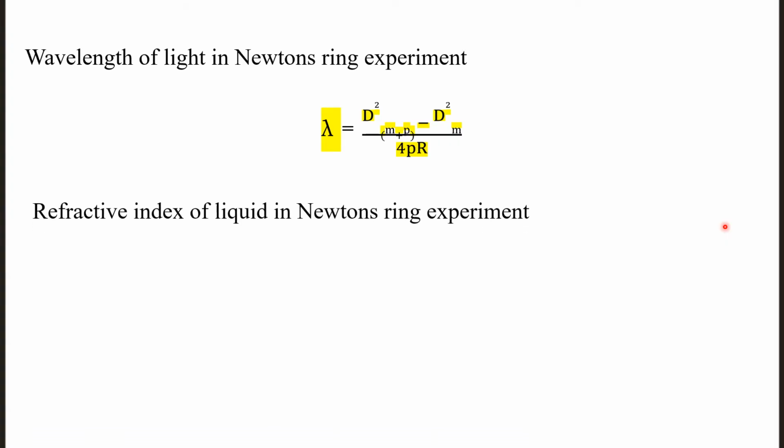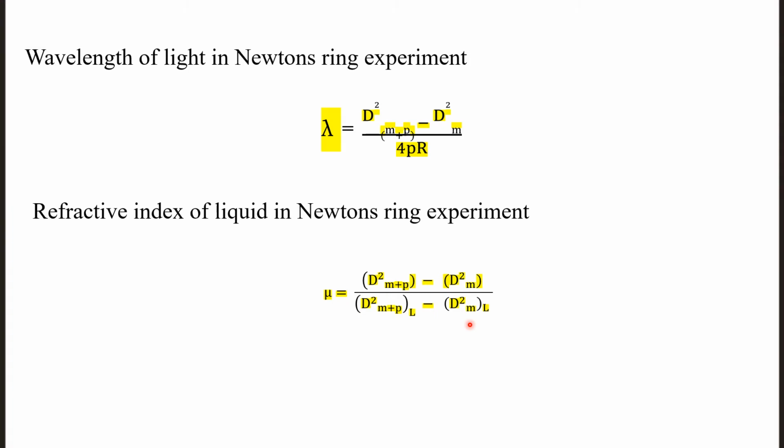Another application of Newton's ring experiment is that we may determine the refractive index of a liquid using the same experiment. To determine the refractive index, the formula is mu is equal to D square (m plus p) minus D square m in the air medium, divided by D square (m plus p) of liquid minus D square m of liquid.